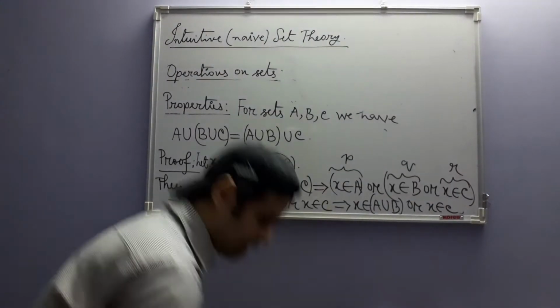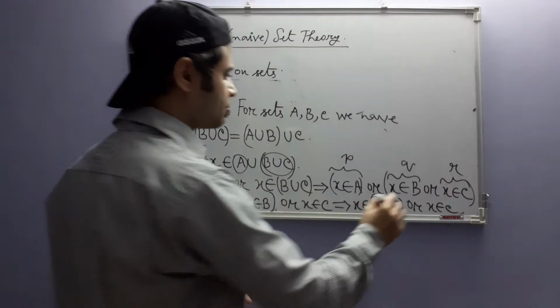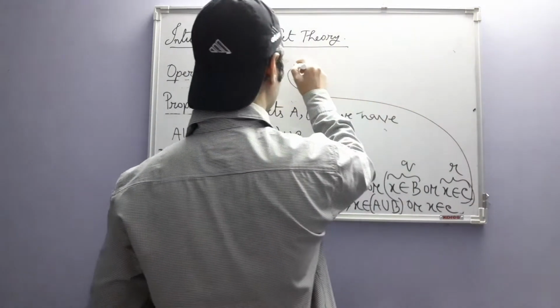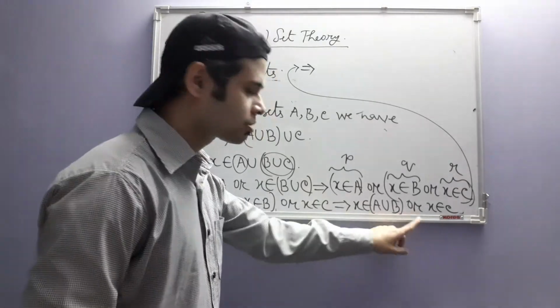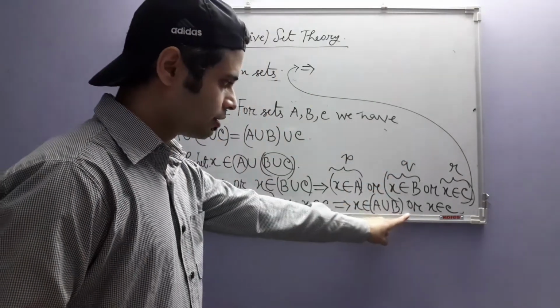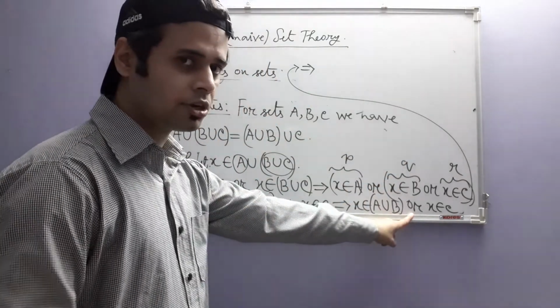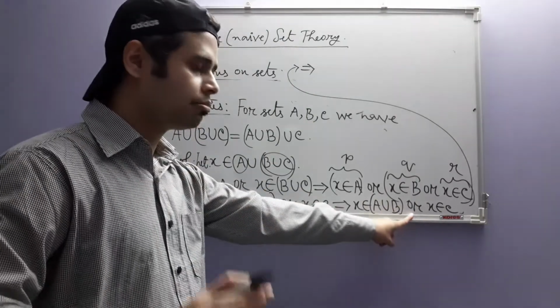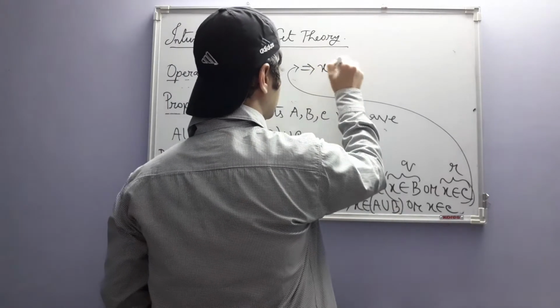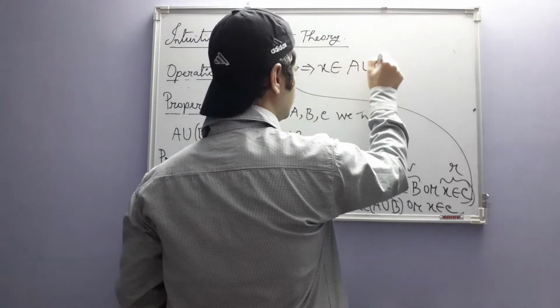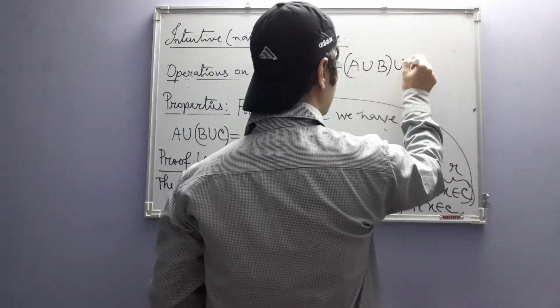So from here we then write this implies, again we have OR, so we can use union. Keep in mind this OR is inclusive OR. Unless otherwise stated in mathematics, OR means inclusive OR. Okay. So this means x belongs to A union B union C.